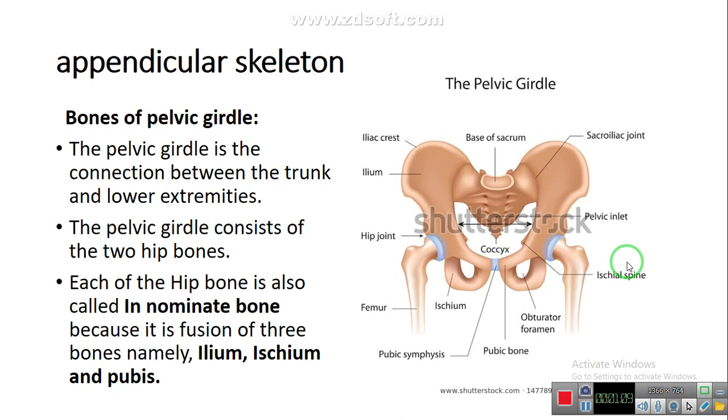The appendicular skeleton includes the bones of the pelvic girdle. The pelvic girdle provides the connection between the trunk and the lower extremities, and it consists of the two hip bones.